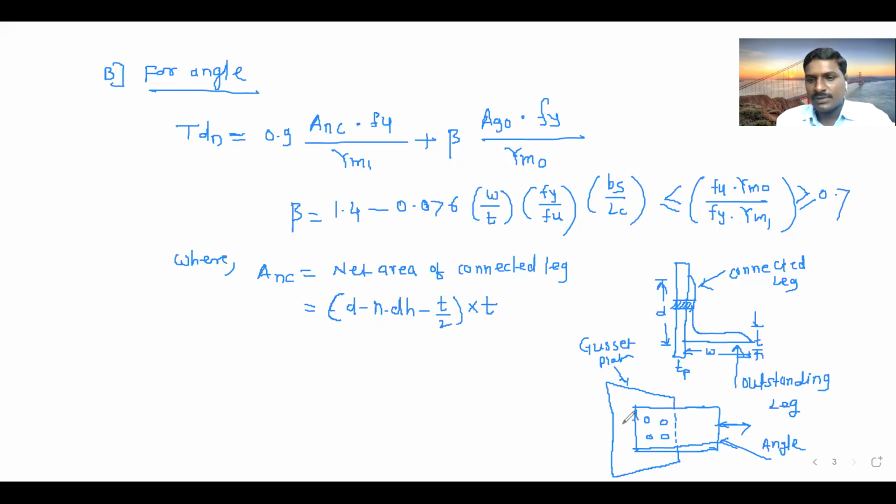This is your gusset plate. And like this, you have connected this angle to the gusset plate. Now here I have shown, sorry, just a minute. Here I showed two, but I should show only one, because here we have shown one.